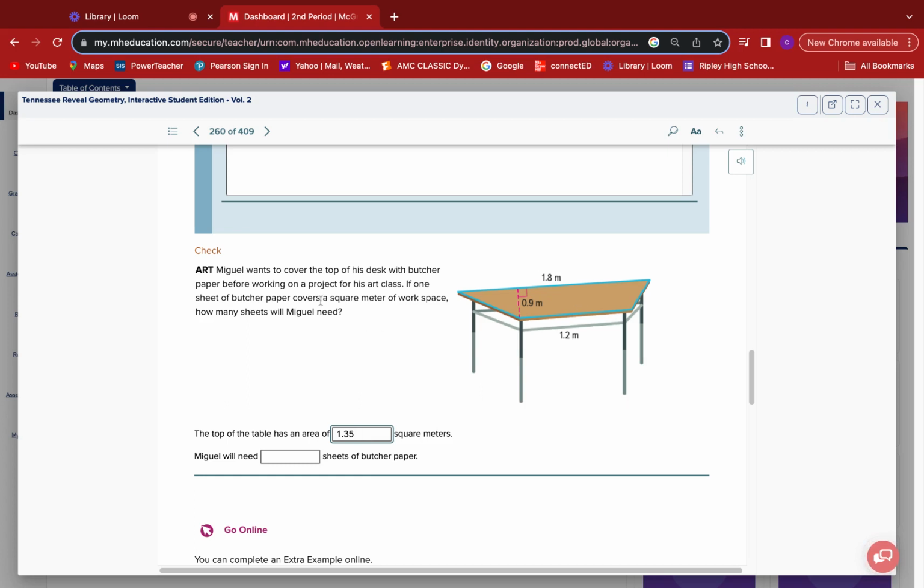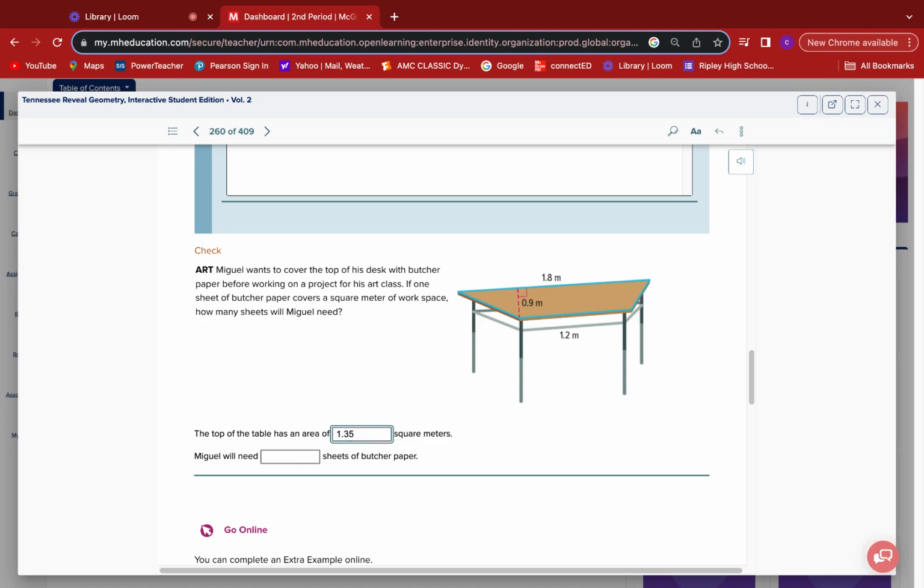Now, the butcher paper covers 1 square meter. So I'm going to, of course, need more than 1 piece of butcher paper because I need 1.35 square meters. And if the butcher paper only covers a square meter, if I divide this by 1, I'm just going to get the same 1.35.